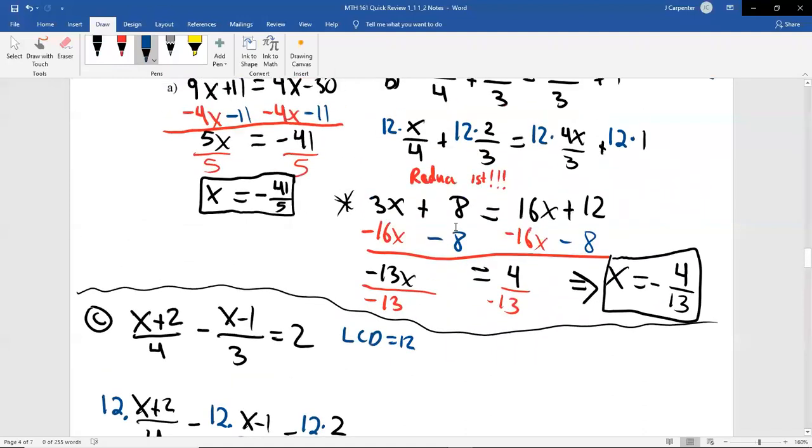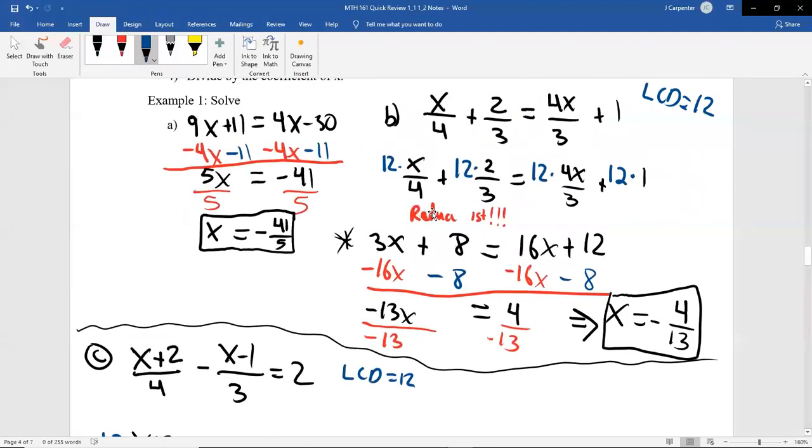Now, let's go back to problem B for a hot second. And when we found our LCD, which was coincidentally also 12, we multiplied by every single fraction, every single whole bit, all the different pieces. We said here that while you can multiply the top first and then divide, it's easier if you reduce first. That's how you make things easier.